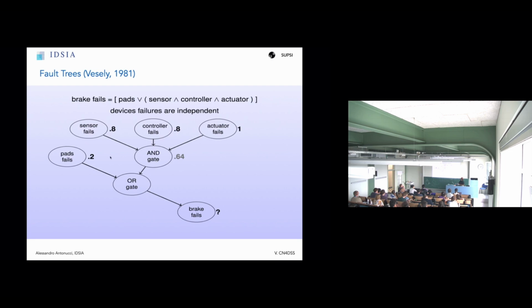Okay, I have to take the product, which is this one, and in this case also I have a failure. But also if this is false with probability 0.8, and this is true with probability 0.64, I have a failure. And if this is true, probability 0.2, and this is false, probability 0.36, this is also a failure. So I have the sum of these three terms, and this is the probability of my failure.